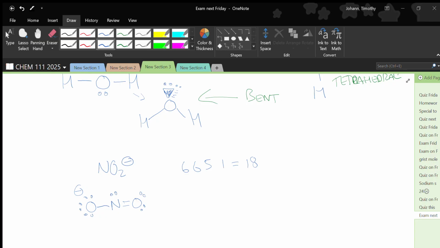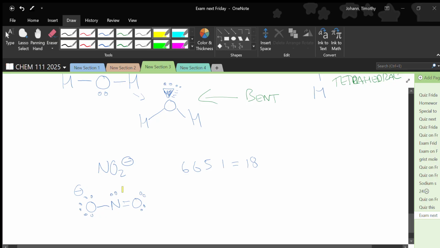But when I draw that trigonal plane, one of those spaces is taken up by the electrons, right? So if I was to draw this in its shape, I'd have my pair of electrons on one point of the triangle, an oxygen down here at another point, and another oxygen down here at the other point.